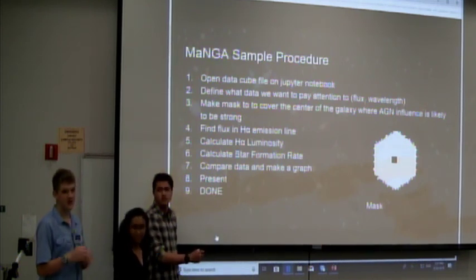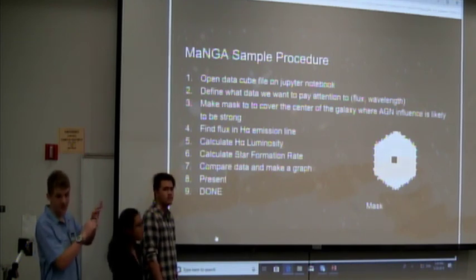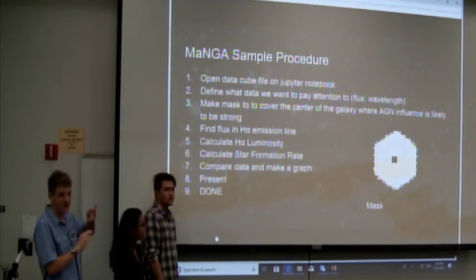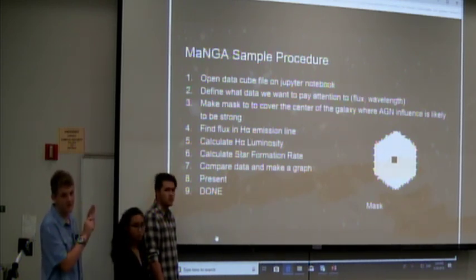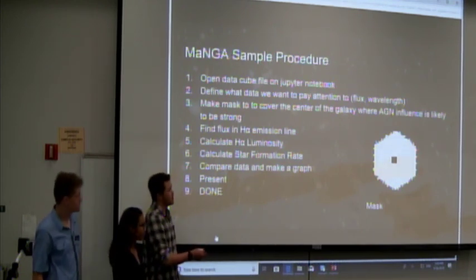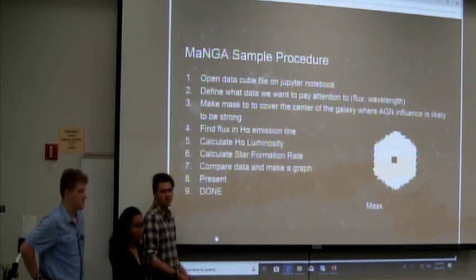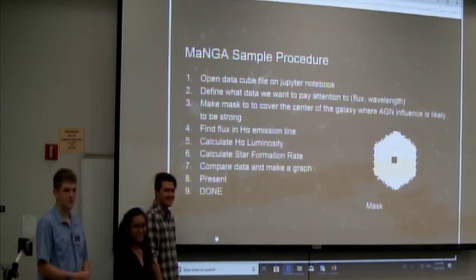It's basically just cutting the galactic nucleus out of the equation, taking out the data coming from that, so we can actually measure the space around it, which is where the stars are being formed. You can think of the black area as the area where we're going to cut with scissors for a second. Any more questions?